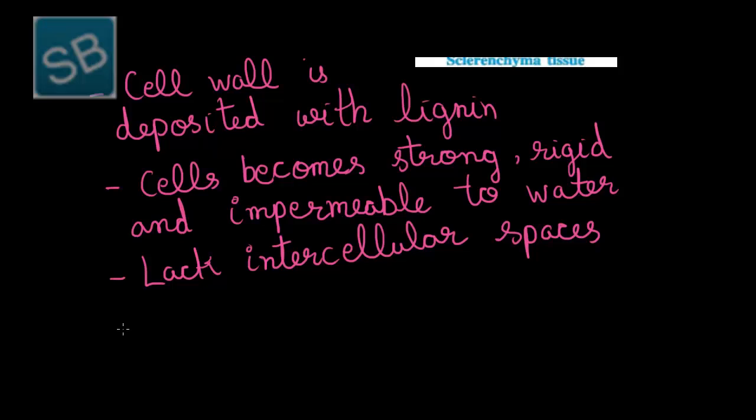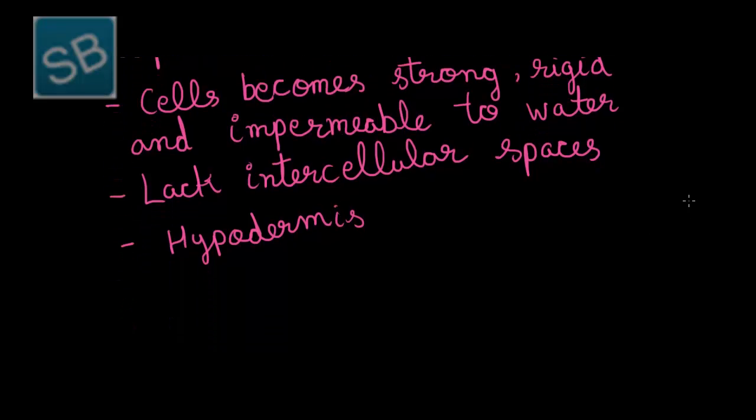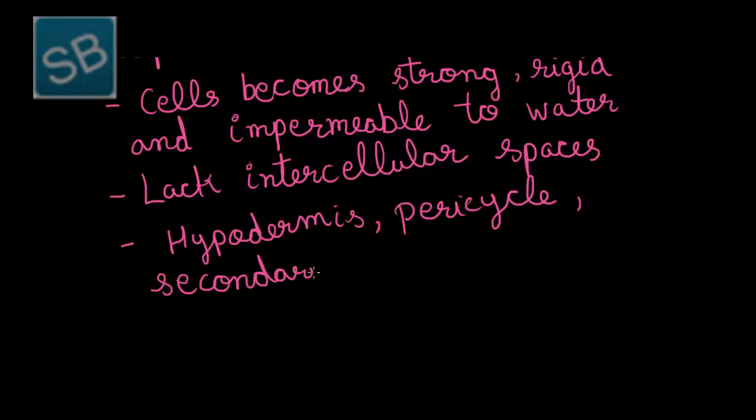Such cells are generally present in the hypodermis, pericycle, the secondary vascular bundle, that can be either xylem or phloem.